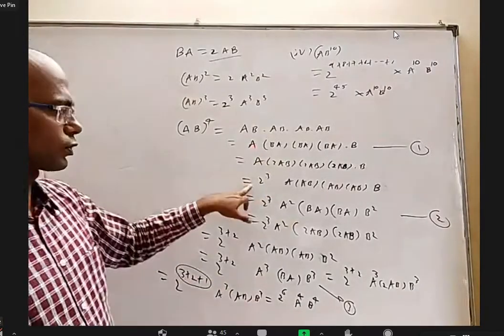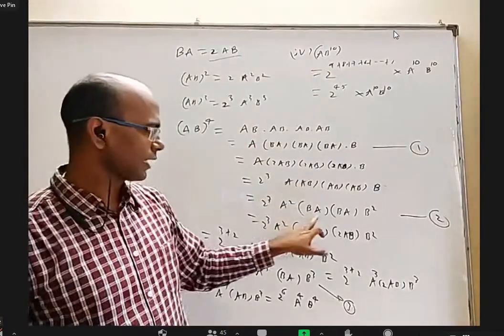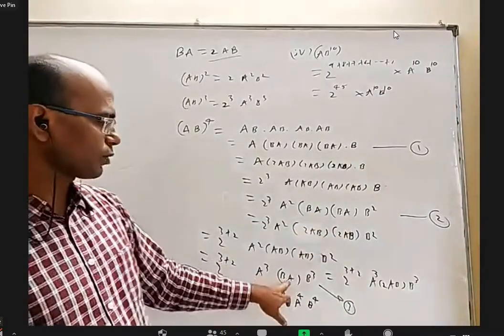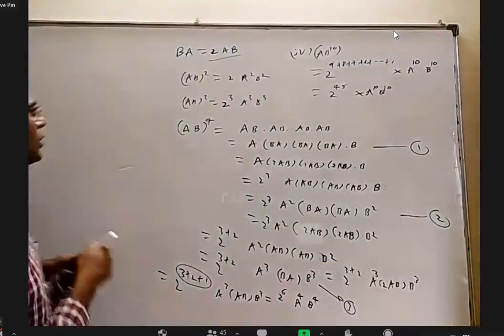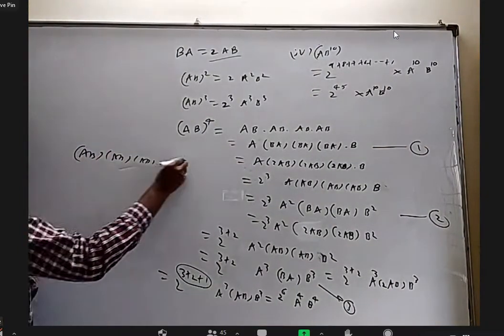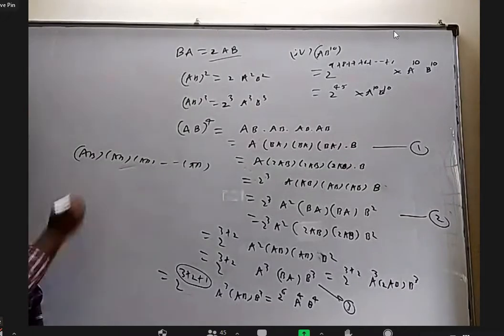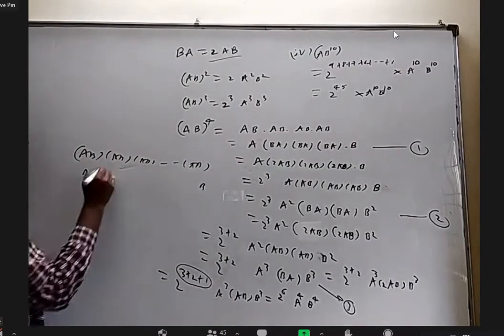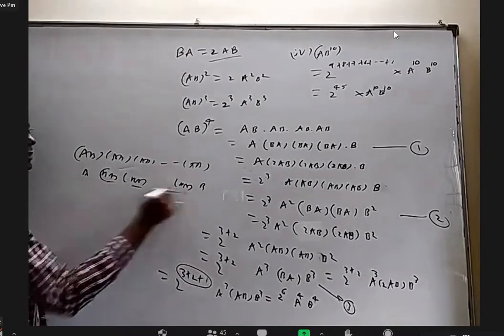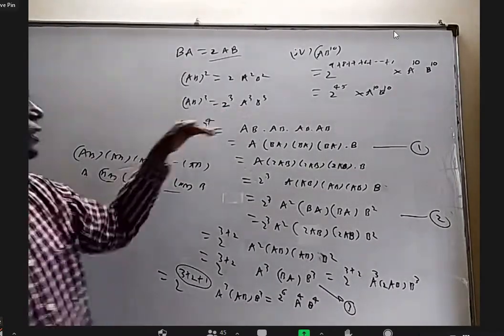So that's why I got 2 cube. And next I use 2 times because 2 times BA came, right? And next only 1 time. In the same way, when you write AB and AB and AB, so on, AB 10 times, except the first A and last B, if you write BA and BA and BA, how many times BA will come in the first step of the solution of (AB) whole power 10?